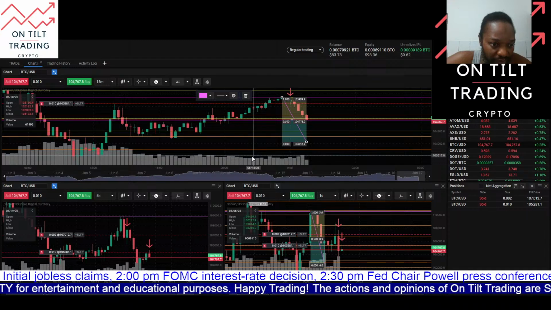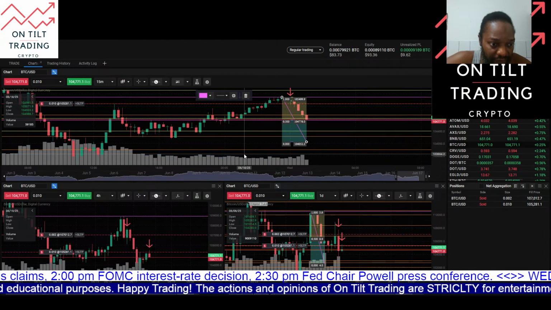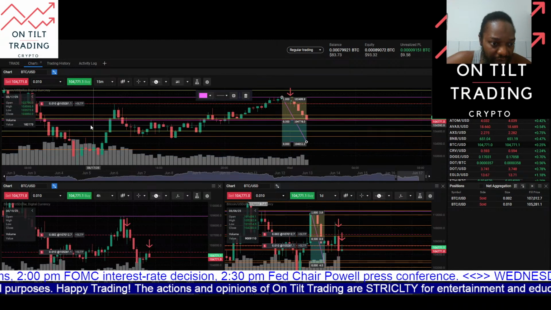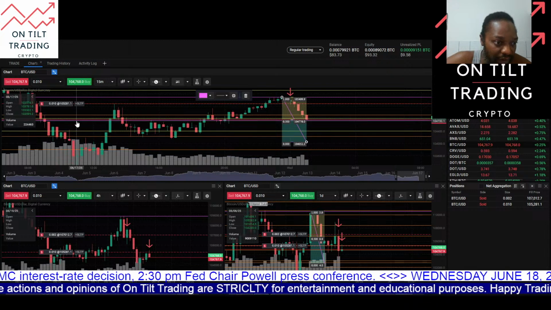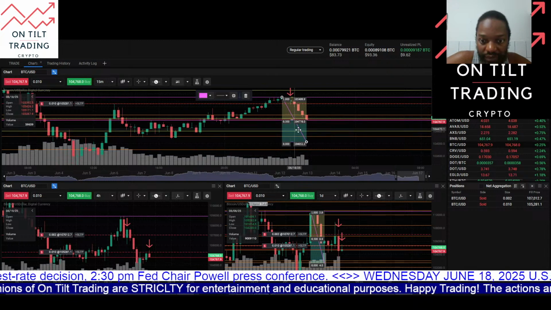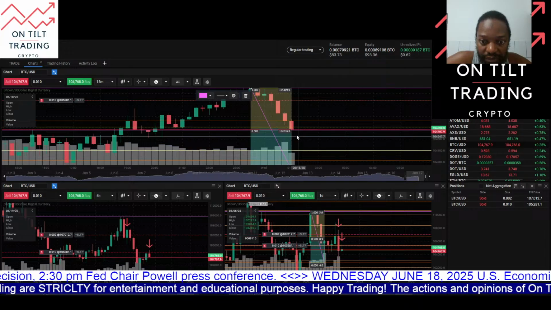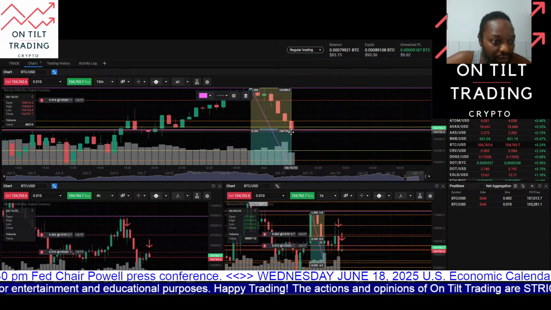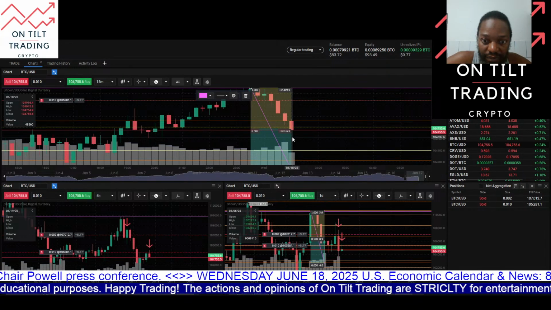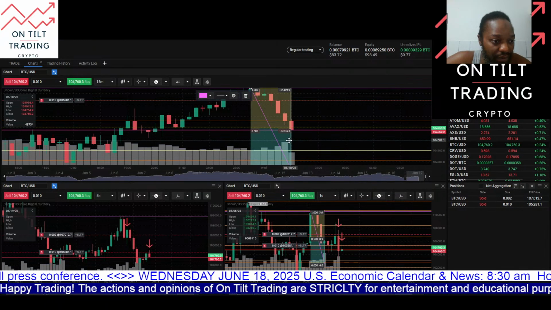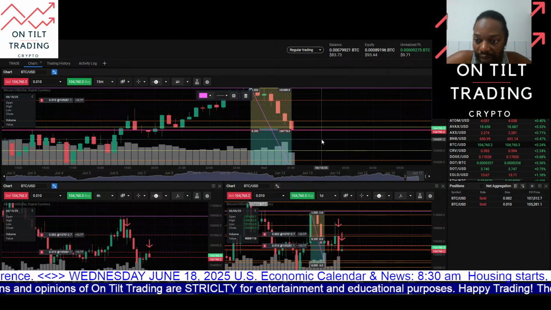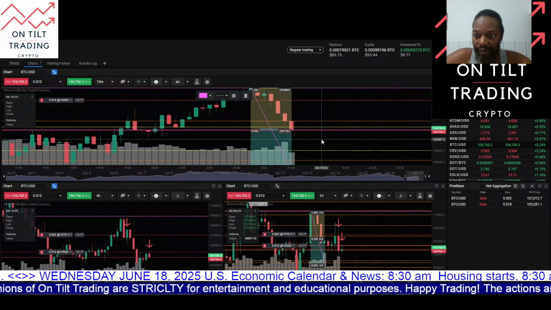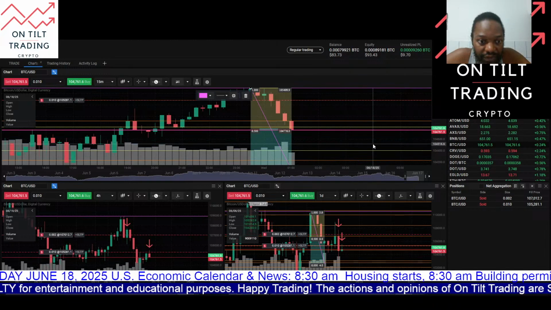So I'm assuming this may extend out to anything down here. 302. And now Bitcoin seems to be testing the low of this 15-minute candle.